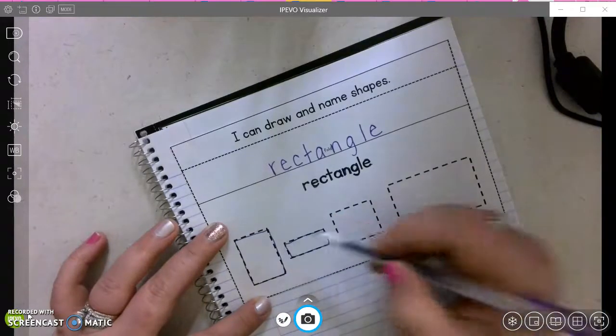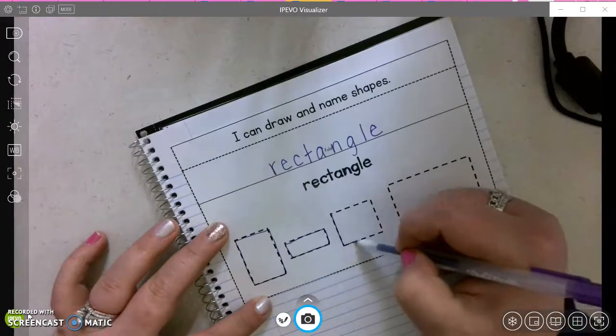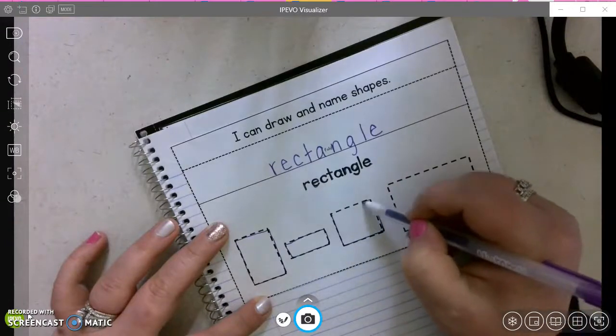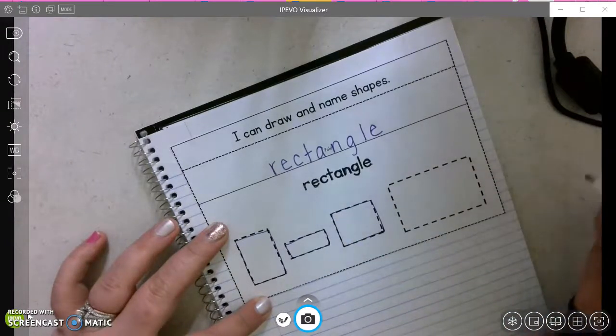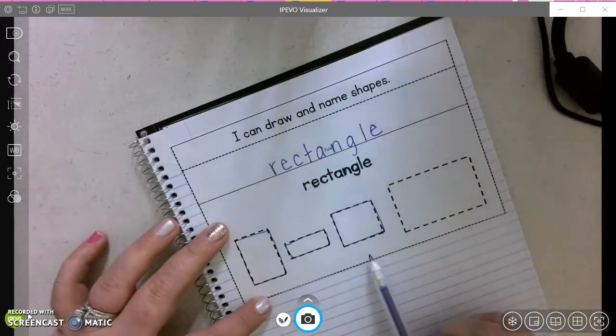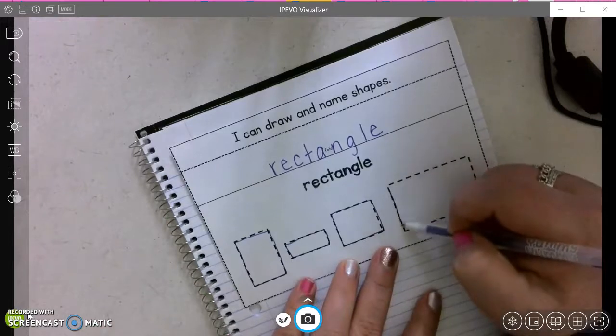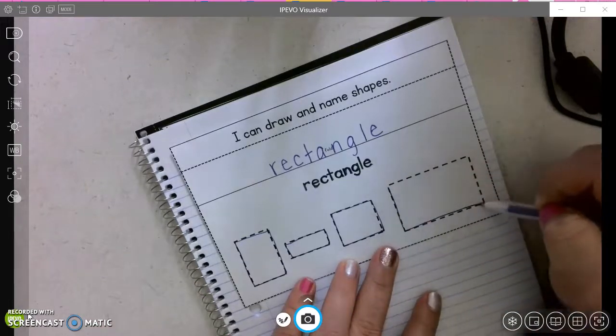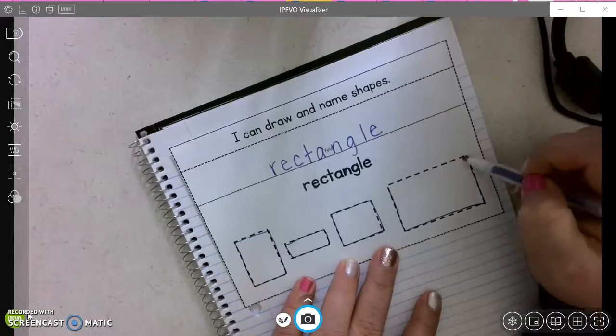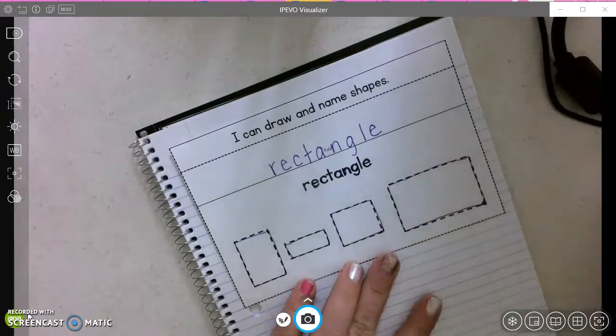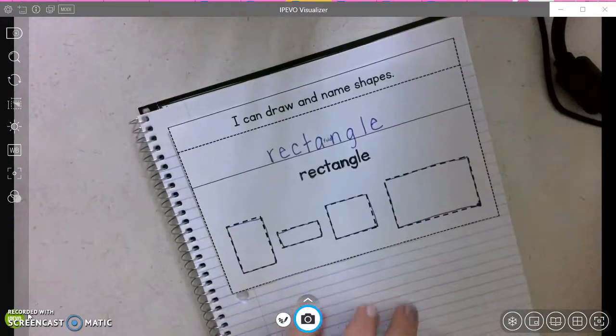Rectangles can be all different sizes, but the thing that makes it a rectangle is that it has two sets of equal sides.